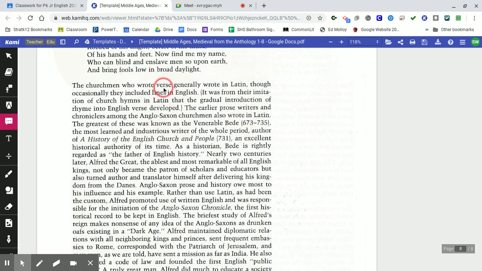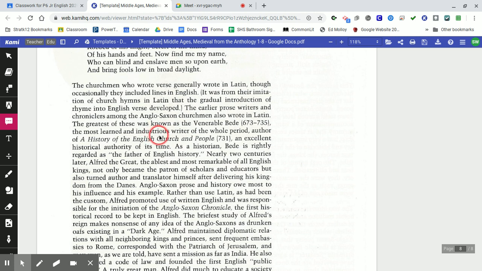The churchmen who wrote verse generally wrote in Latin, though occasionally they included lines in English. It was from their imitation of church hymns in Latin that the gradual introduction of rhyme into English verse developed. The earlier prose writers and chroniclers among the Anglo-Saxon churchmen also wrote in Latin.